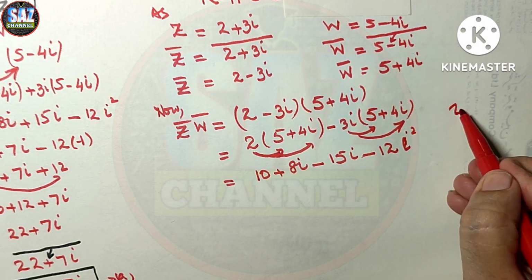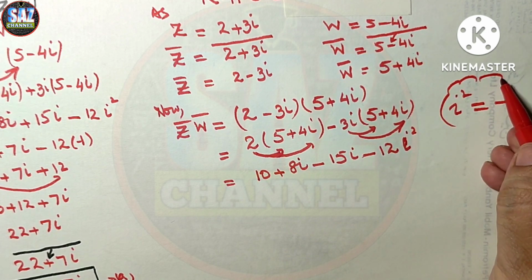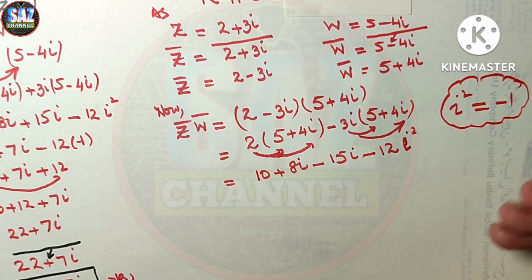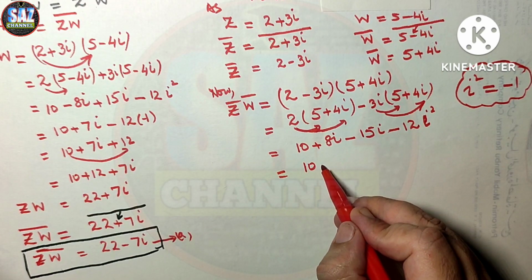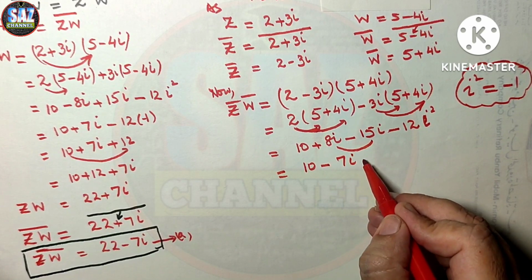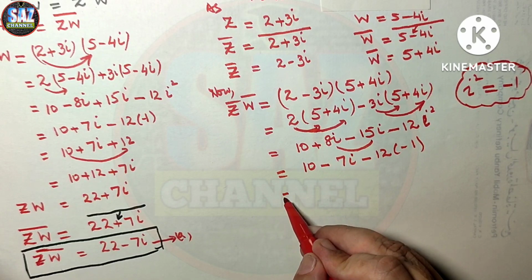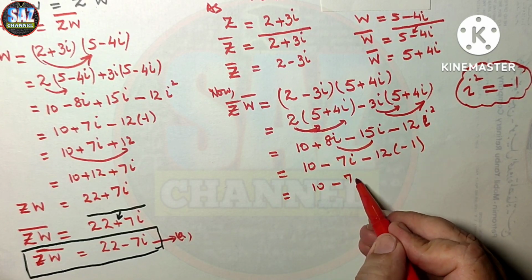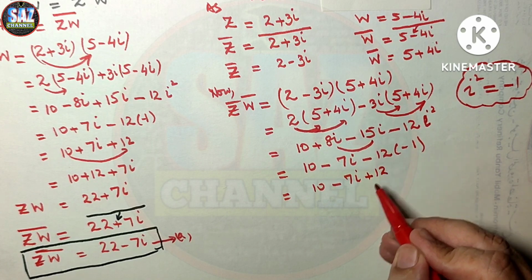Iota square, a famous result. It has been used frequently, so my students should have a good command on this. This is 10, 8 minus 15 is minus 7 iota, minus 12 times minus 1 is plus 12.